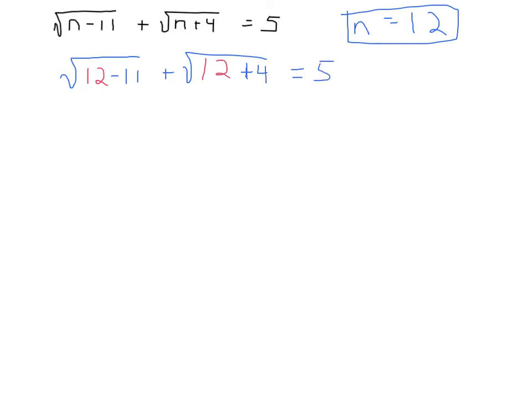So 12 minus 11 is 1. 12 plus 4 is 16. Square root of 1 is 1. Square root of 16 is 4. So 1 plus 4 does equal 5. So it checks, and n equals 12 is the correct solution.